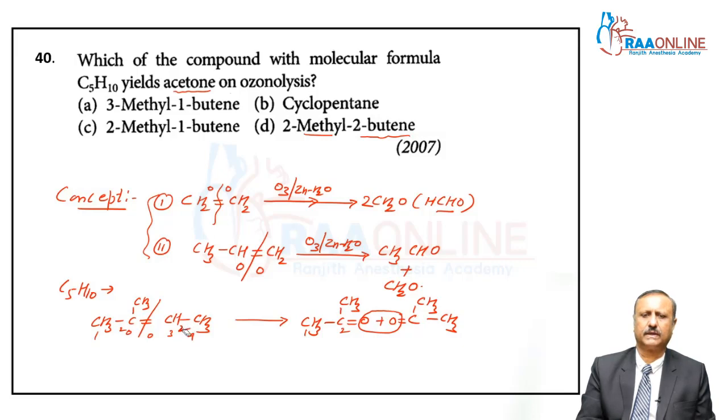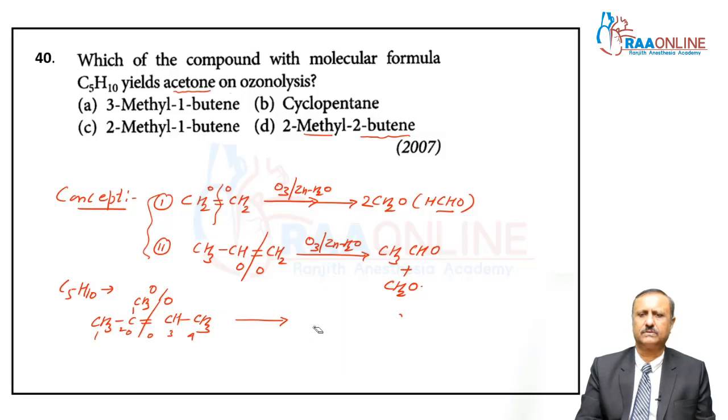Why? Because here you can see the double bond, so the 4 valencies of this carbon atom are satisfied. My dear students, this is your compound, because when this compound is broken, you can get acetone as well as acetaldehyde.